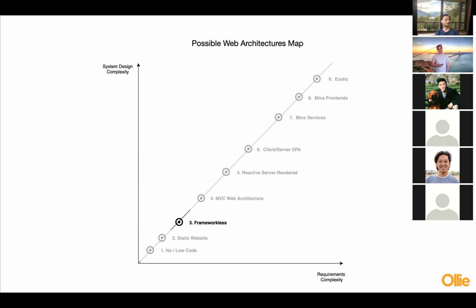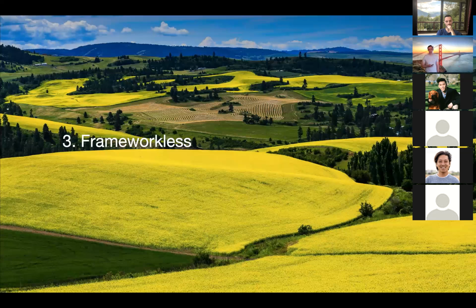The next, we're starting to get into the more interesting and sophisticated ones, and more of the stuff that you'll probably be working with. We're almost there, probably not quite. There's a whole movement of what's called Frameworkless. The idea is that you reduce the amount of dependencies that you have.